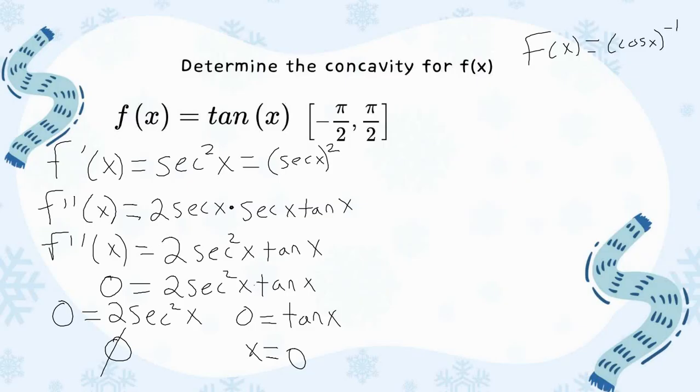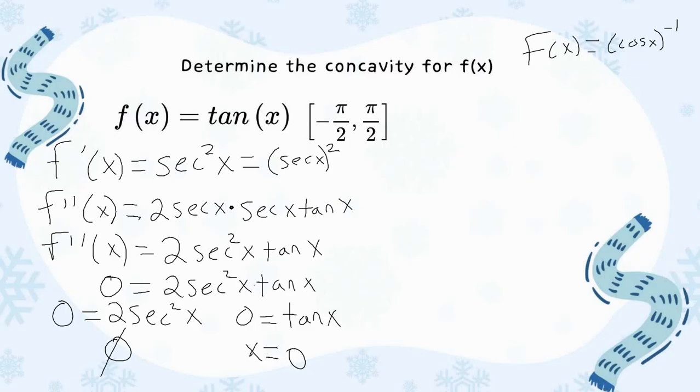The other thing we have to think about is where secant is undefined. Again pi over 2 and negative pi over 2, because secant is 1 over cosine, so when cosine is 0, it's going to be undefined. Cosine is also on the bottom for tangent, so they're undefined in the same spot. That's why it only gives us this portion, because it doesn't want us to go past the undefined parts.